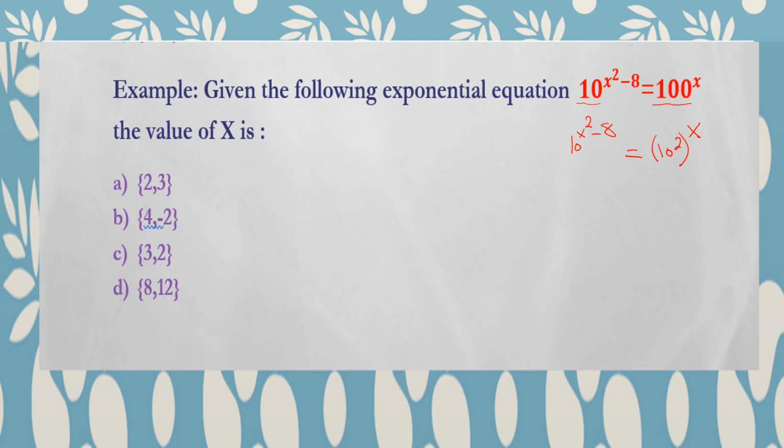Then we multiply the inside exponent with the outside exponent, and this equals 10 power 2x. In this case, we have the same base here, so we can equate the exponents. So x squared minus 8 equals 2x.